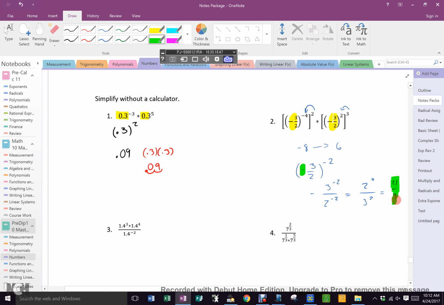Yes, Tavleen? Yes, but I think it's negative 4/9 because... You think it's negative 4/9? Okay, why?